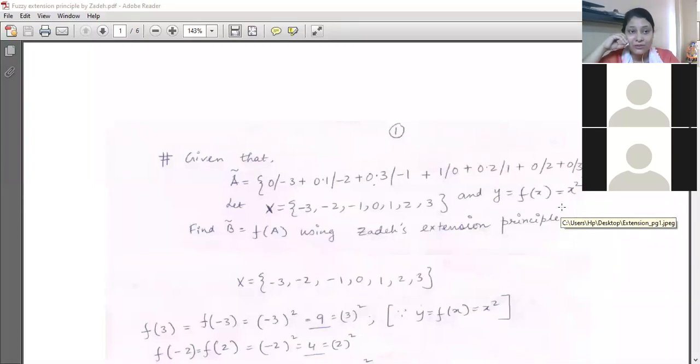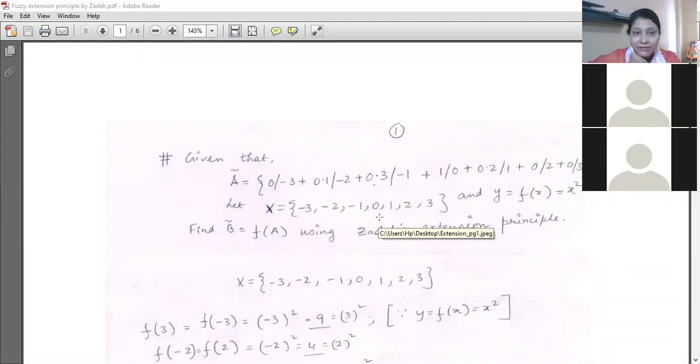But obviously we cannot expect each one in linguistic variables like this. So how can this image be evolved? That will be evolved by using this extension principle, which was invented by Zadeh in the year 1970. Now we are going to follow what he has invented for us.